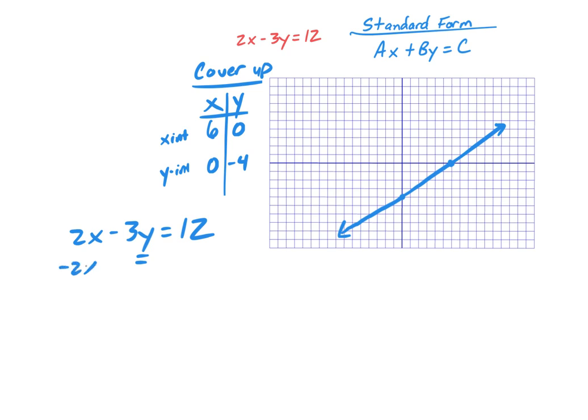But to do that here, we got to subtract 2x. So I have -3y. Remember, you can't connect those together because 2 has an x on it. So I'm going to write it as -2x plus 12. But I still got to get y by itself, so I got to get rid of that -3.